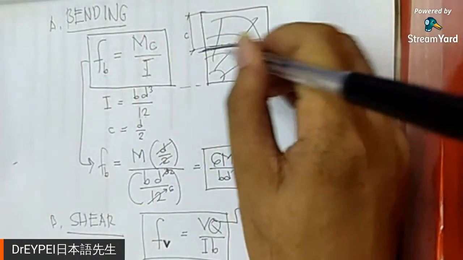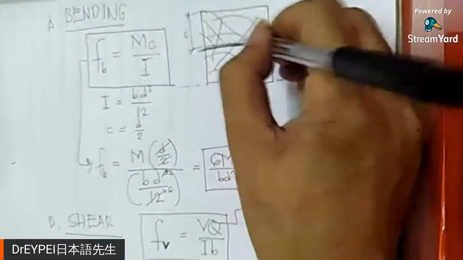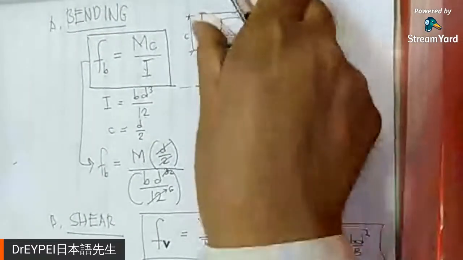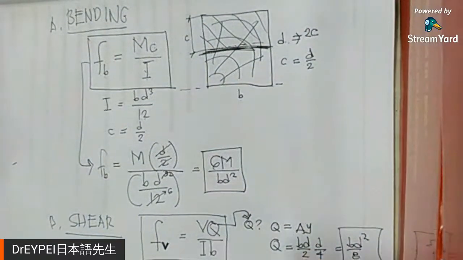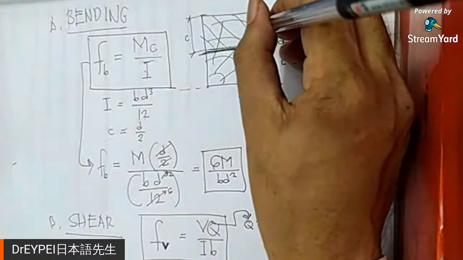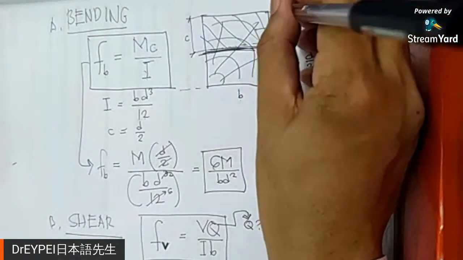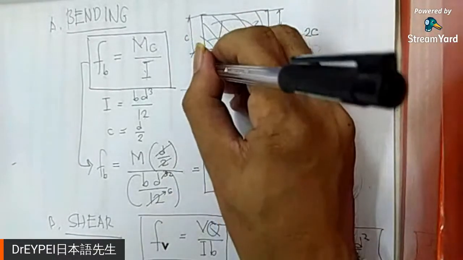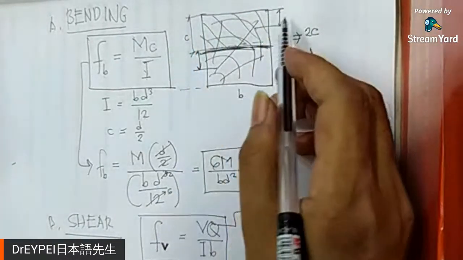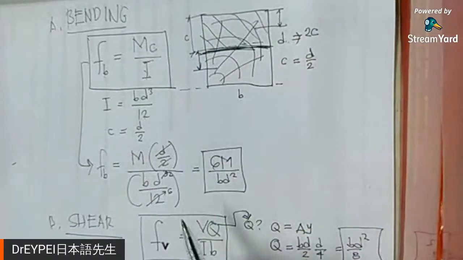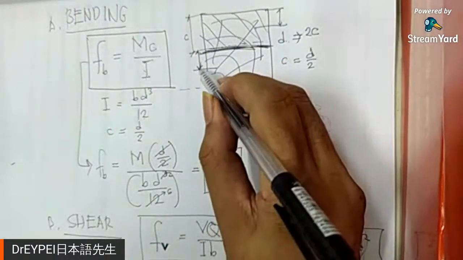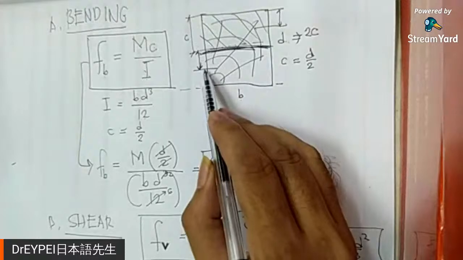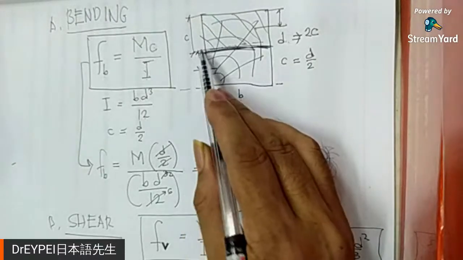What is the area of this? BD over 2. And what is this distance? Anyway, to be precise, this is D over 4.